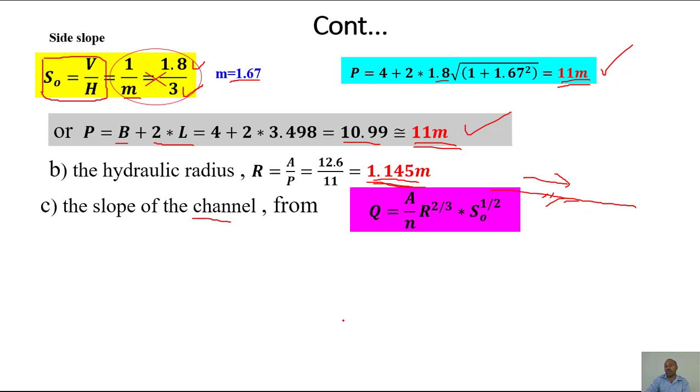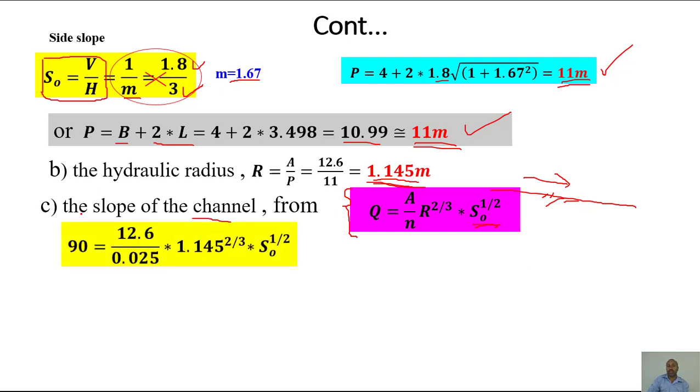So from the Manning equation, you have this equation, A over n, R to the 2/3, times the square root of S naught, or bed slope. This is the side slope, but here it is the bed slope of the channel. So you have the discharge given, Q is 90, the area over the Manning roughness, and the hydraulic radius already computed.